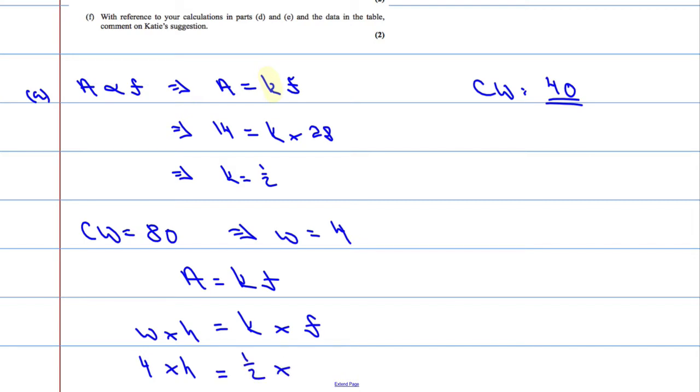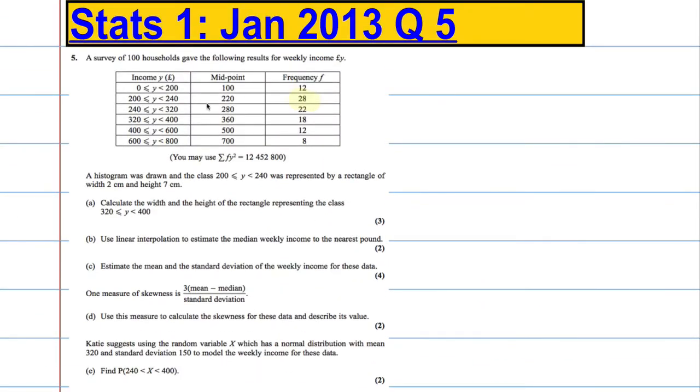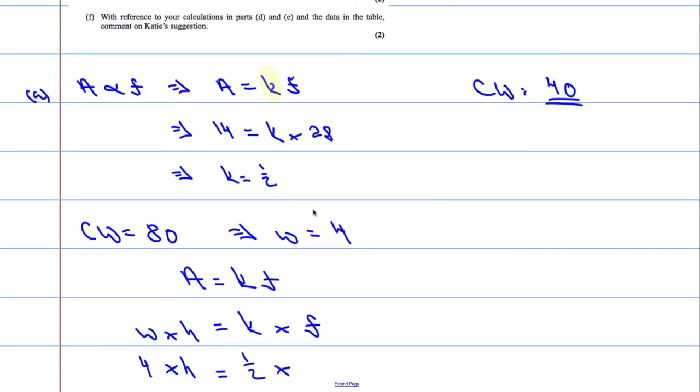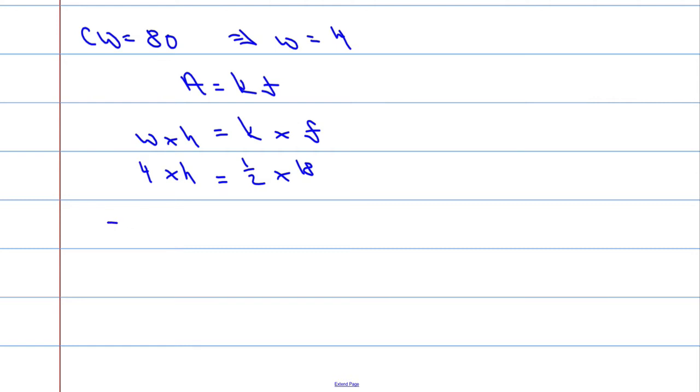And the frequency for the 320 to 400 region is 18. Let's solve for h now. So we get a half times 18 is 9, and then 9 divided by 4. So h equals 9 over 4, which equals 2 and a quarter, 2.25 centimeters. That's the first part sorted.